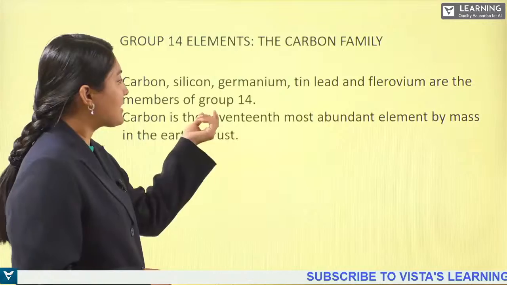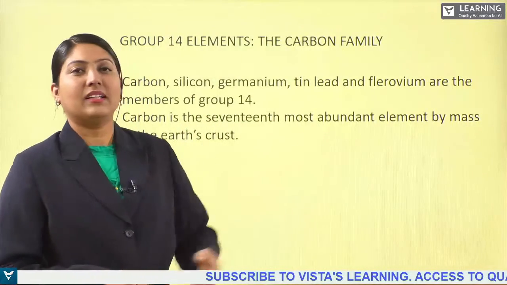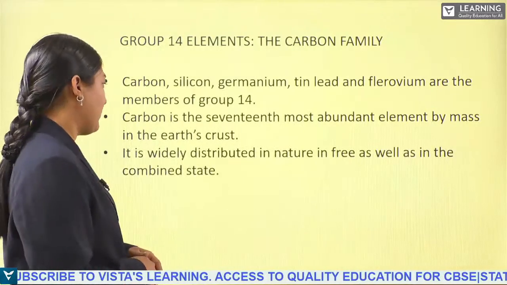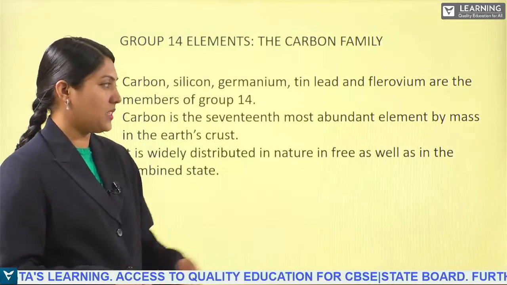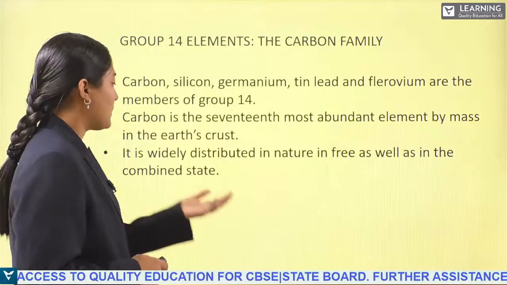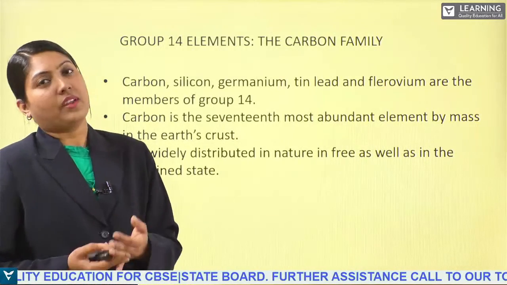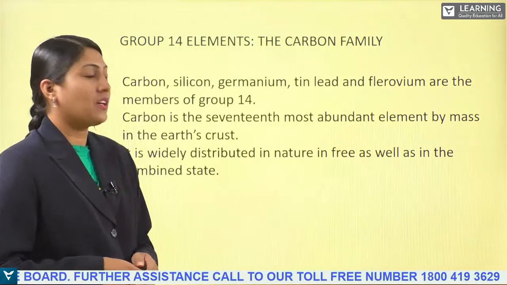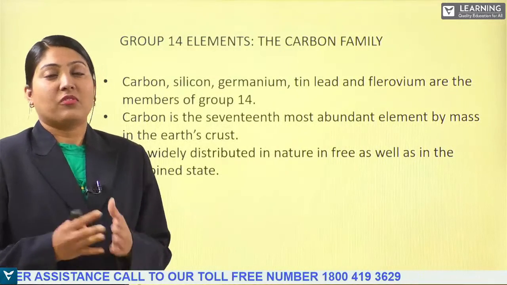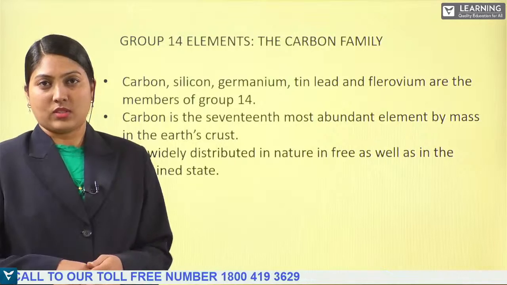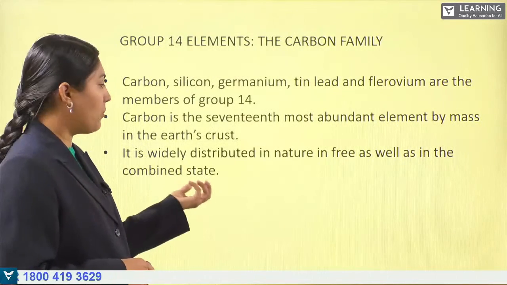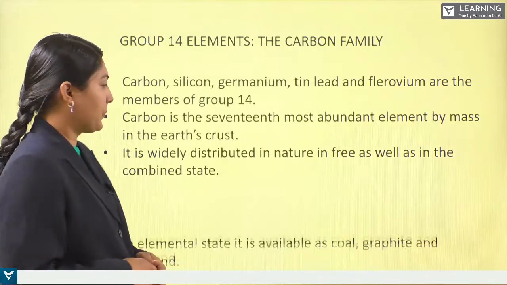And carbon is the 17th most abundant element by mass in the Earth's crust. It is widely distributed in nature in free as well as in combined state. Free, as we say, the allotropes of carbon are in the free state, whereas in combined form, for example, carbon monoxide, carbon dioxide and glucose are examples of the combined form of carbon.